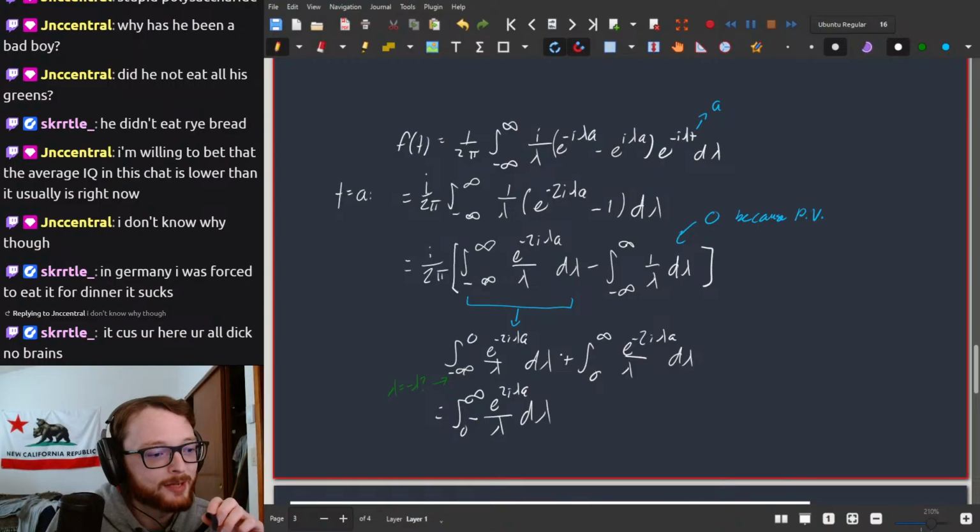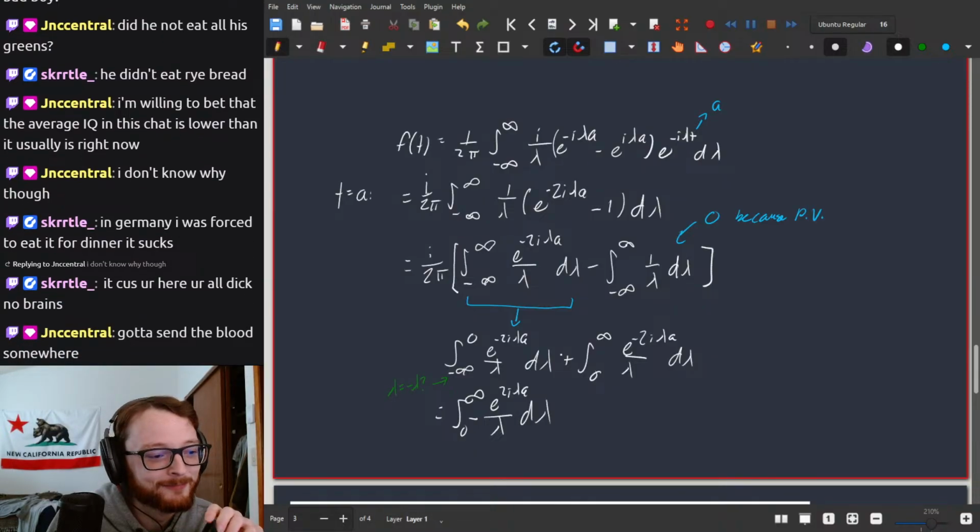The average IQ in this chat is lower than it usually is right now. You don't know why, though? Yeah, no clue. Germany was forced to eat it for dinner. It sucks. That's probably illegal to say in Germany.